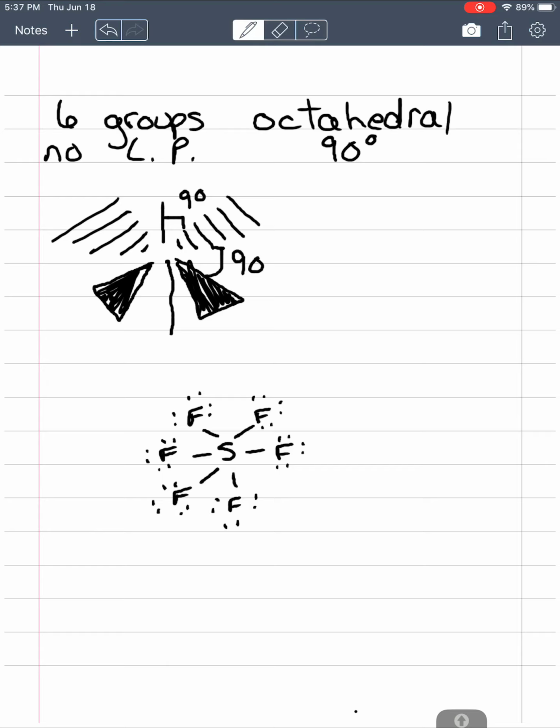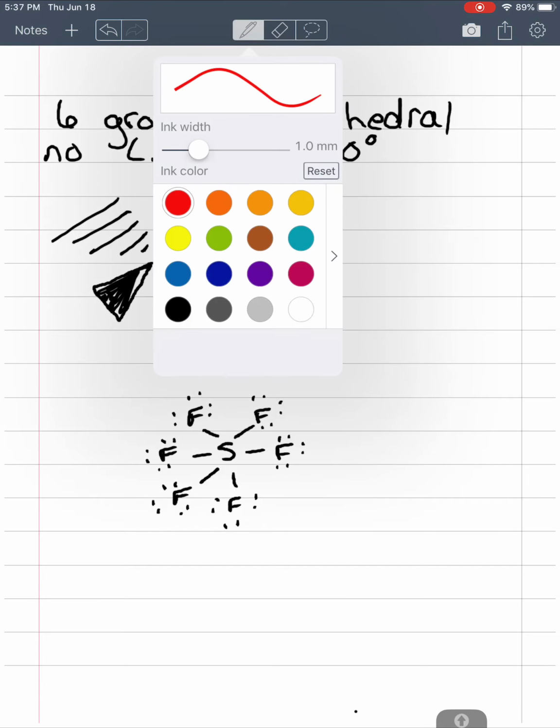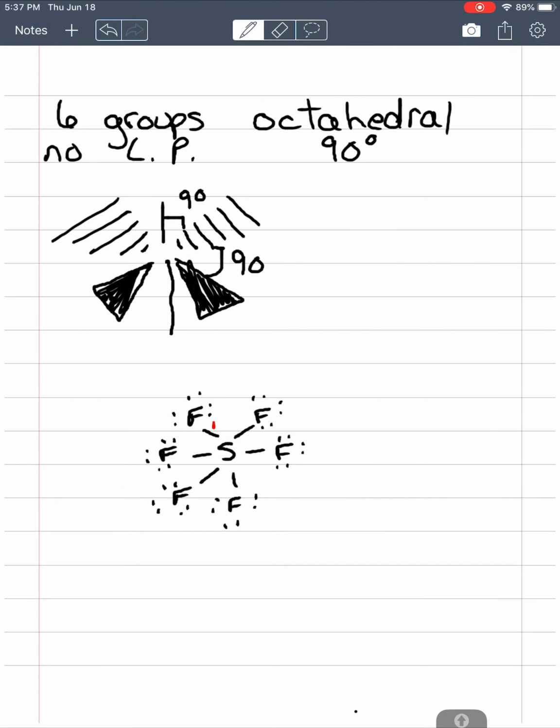And one thing to note, when you draw the Lewis structure, the way it looks does not mean that you go by what it looks like to be the shape. You have to count the electron groups around the central atom. All right, so that's octahedral.